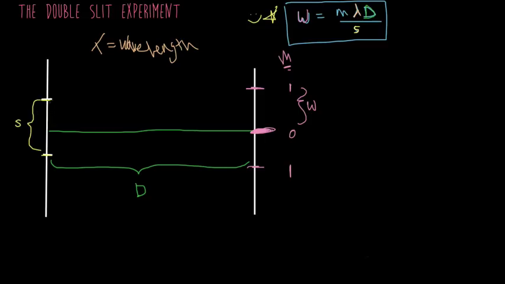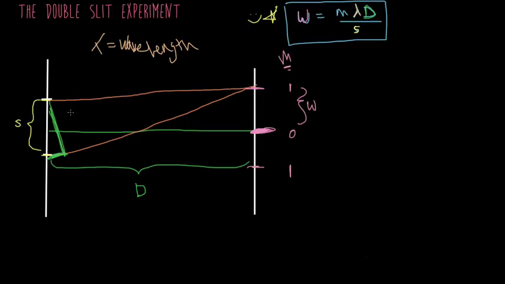So the light from each of these places has to travel a different distance to reach the point up here, this M1. And the difference in distance has to be a multiple of the wavelength. It has to be a multiple of lambda, because otherwise the waves will not constructively interfere.